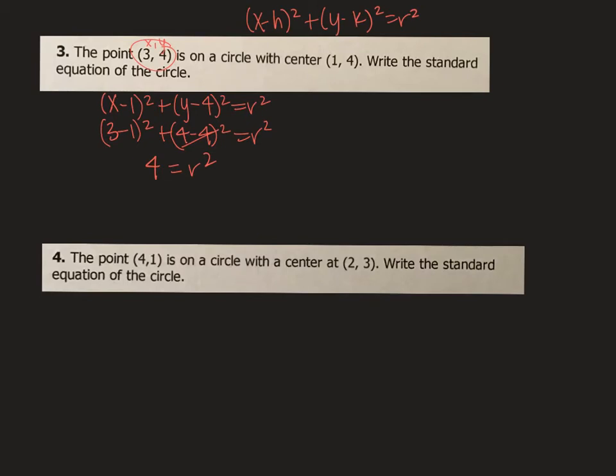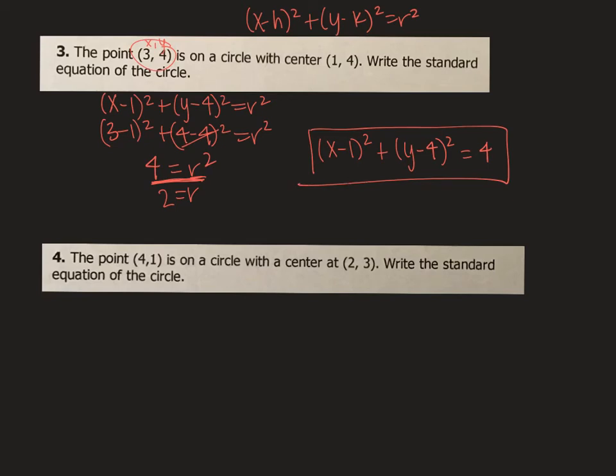Square root it, we'd get r equals 2. But we aren't asked for the radius, and for the equation, we need r squared. So if you stopped here, that would be perfectly fine. The last thing that you got to make sure you do is write your final equation, plugging in 4 for r squared.